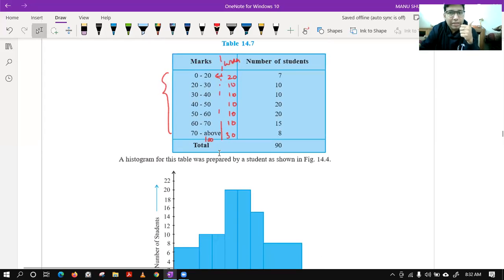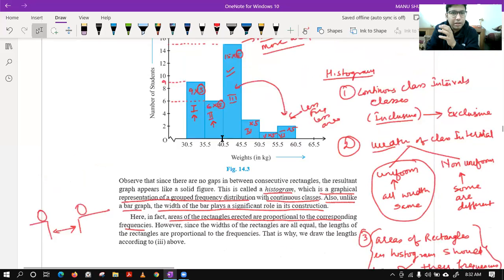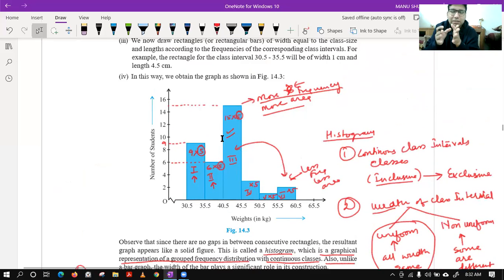And now in our area, you have seen in the last question, area is given by length into breadth. We showed length by frequency and width by breadth. In the last question, the breadth was having no significance at all. In the last example, breadth was not having any significance because it was the same.